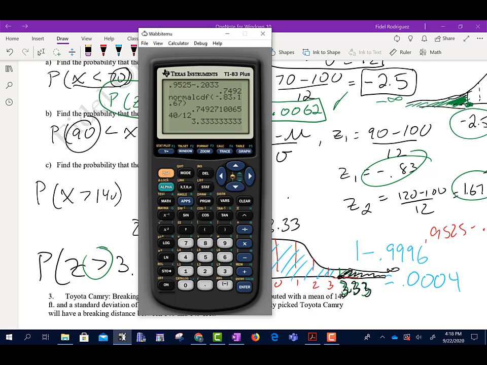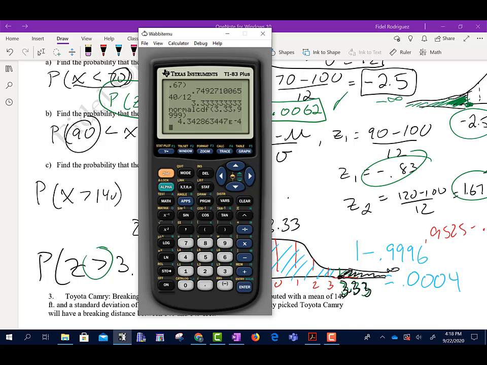So I'm going to go second vars, to my normal CDF. I start at 3.33, comma, then a whole bunch of 9's, close off my parentheses, hit enter. And you see how we're coming up with this number and it looks kind of jacked up? The way this number is written, guys, is scientific notation, okay?